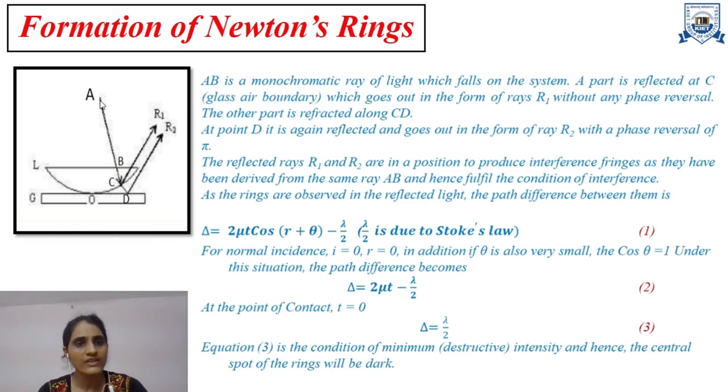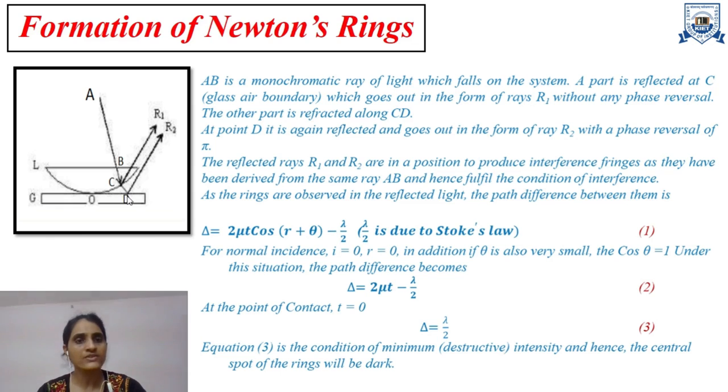AB is the monochromatic ray of light which falls on this system. A part is reflected from point C. This point C is the glass-air boundary, that is, the lower surface of the plano-convex lens and the upper surface of my plain glass plate. From point C, the ray is partially reflected along R1 and partially refracted along D.